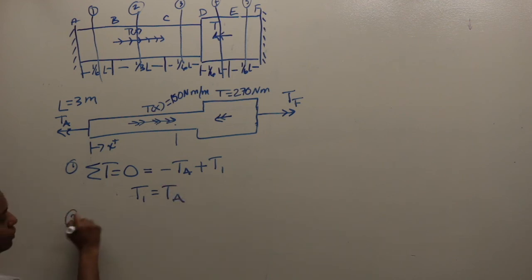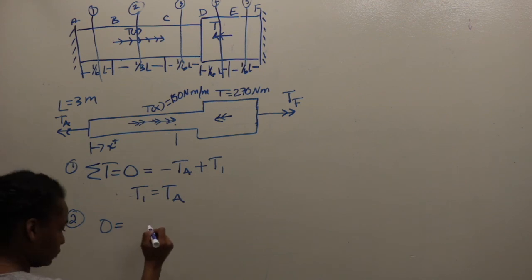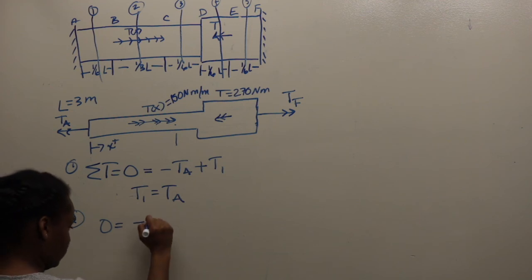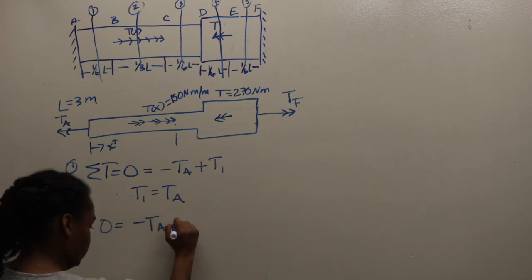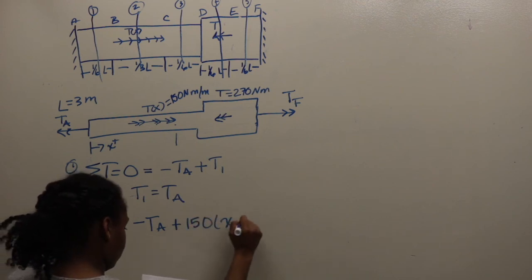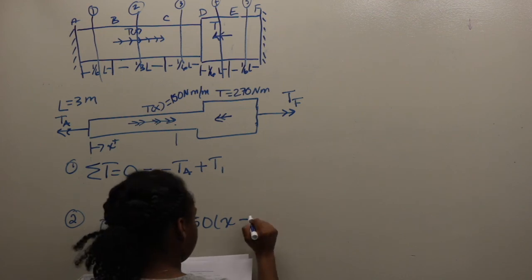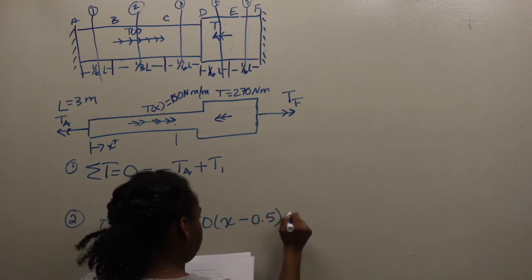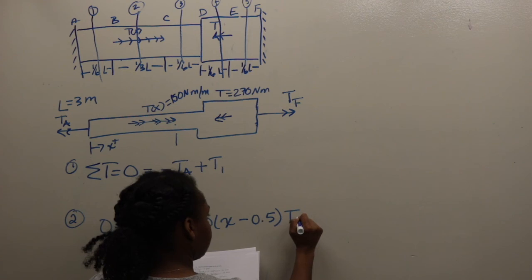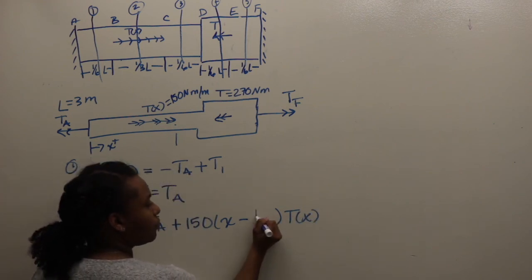So for 2, 0 equals, well, 0.5, but actually this should be 1/6.